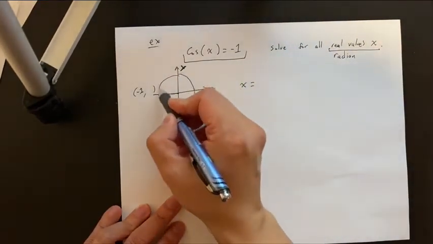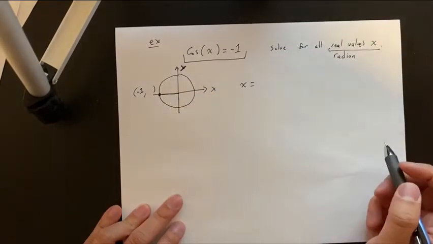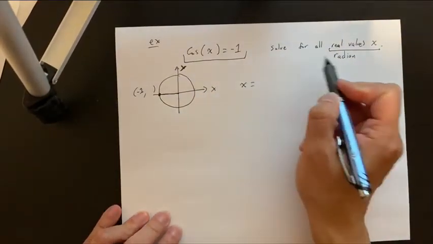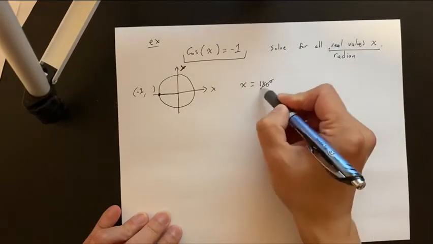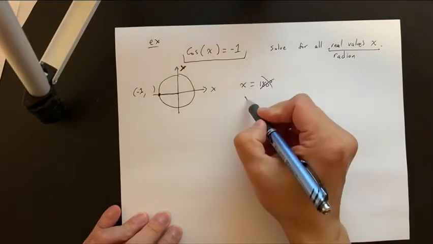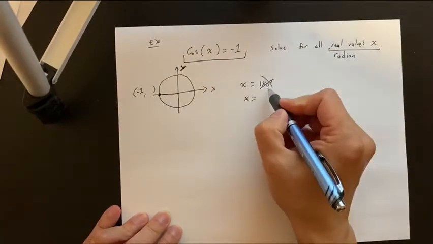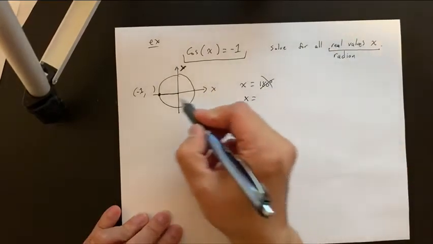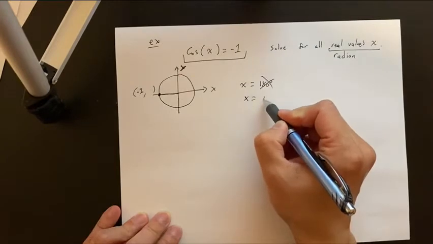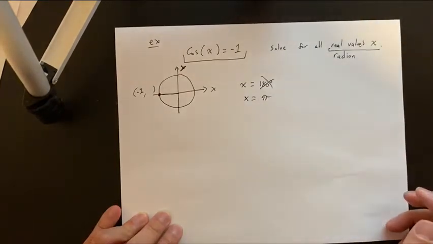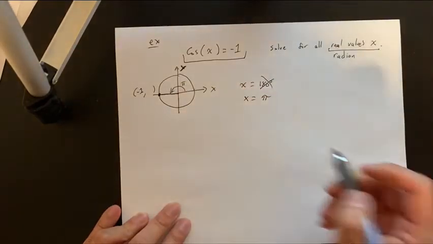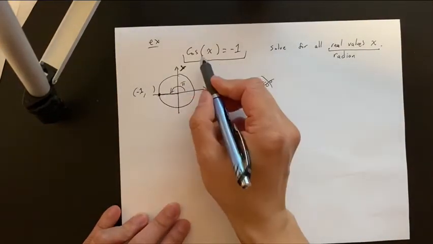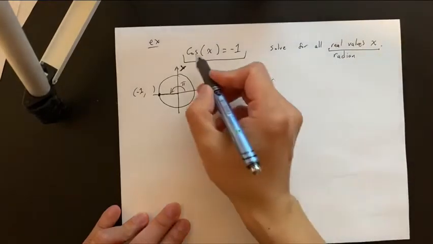Well, if you say 180, you're not wrong, but for this condition, you're actually wrong, because we do not want 180. We want the radian value for the solution, and so we want to use the value pi. So pi would give me this position, and that will give me cosine of pi being -1.